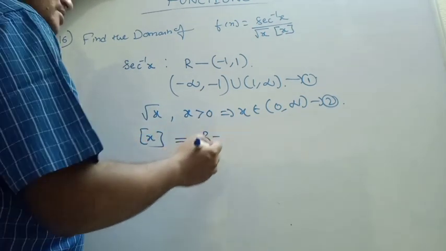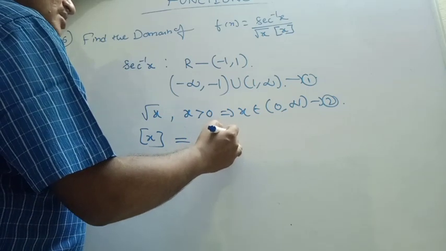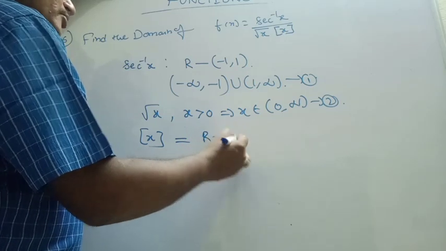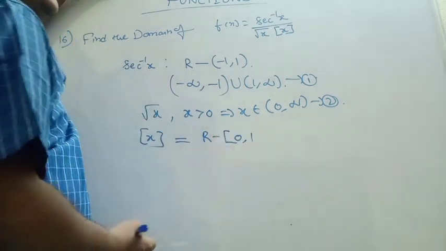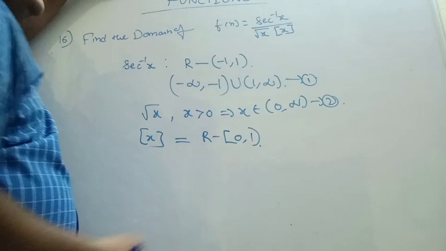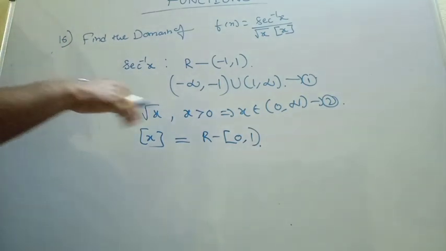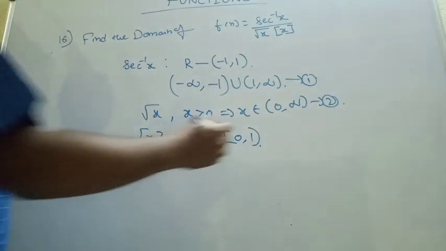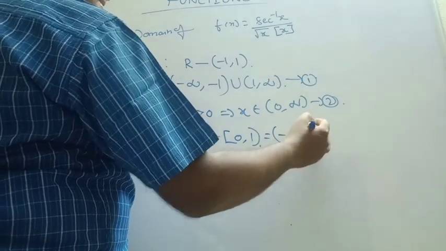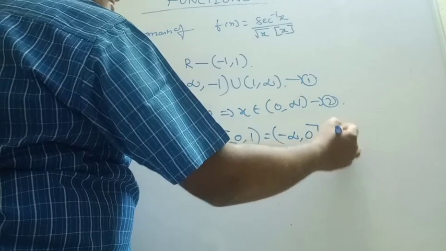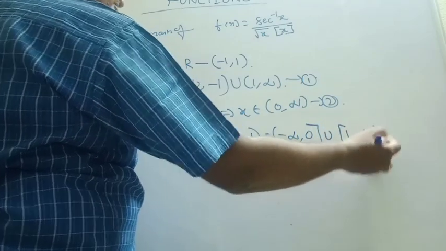That means we take out 0 to 1. The remaining values are defined, so this is minus infinity to 0 union 1 to infinity.